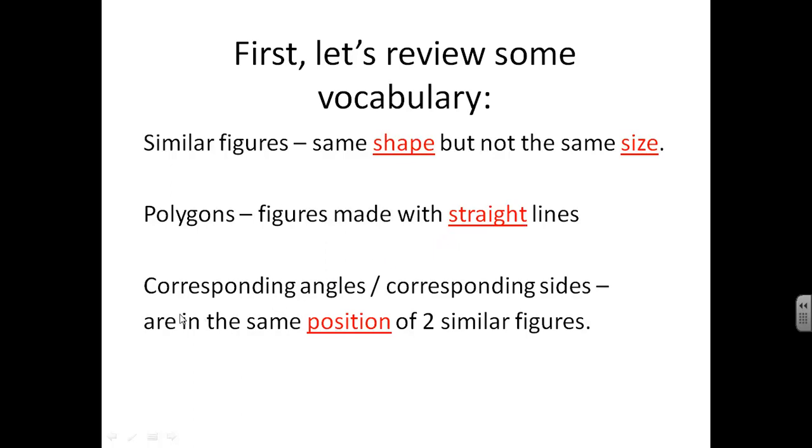And corresponding angles, that word corresponding, that means that they are in the same position of the two similar figures. I don't know if you did corresponding angles and sides in 6th grade, but I think you probably did. We're going to be using those to determine similarity this year.